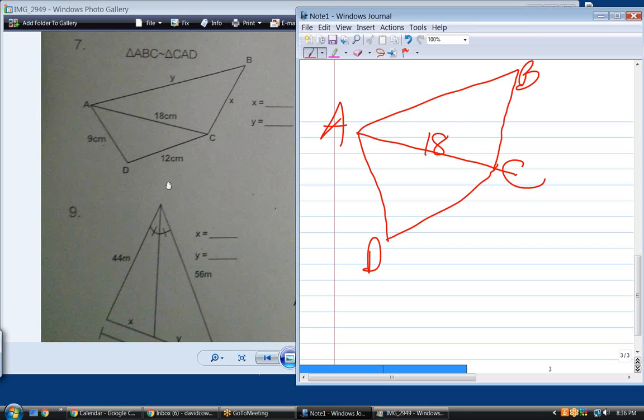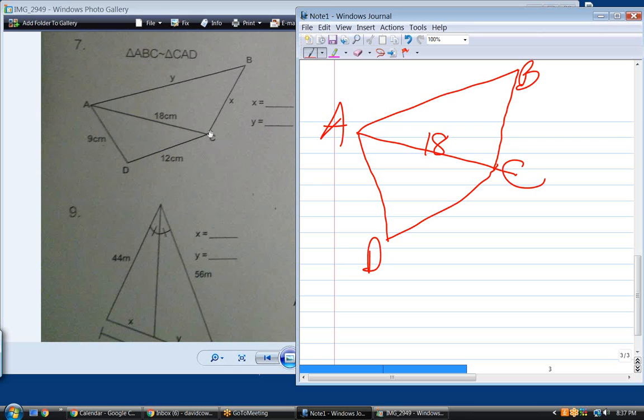So if we're going to talk about triangles, the way to tell which angles are equal is which side is equal. 18 is equal to itself, right?